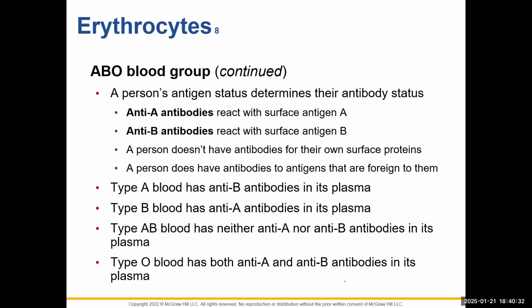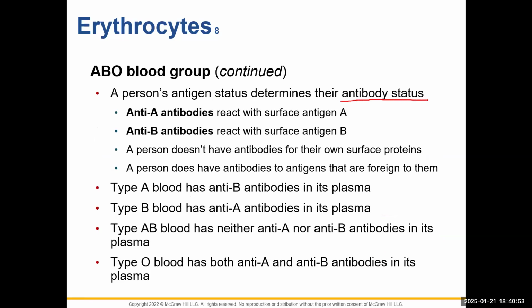That brings me to the next part of this concept of ABO blood typing, and that has to do with what antibodies are. An antibody is part of your immune system. They are proteins, depending on what type of response is going to occur.